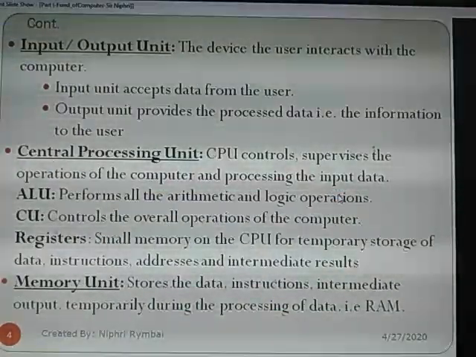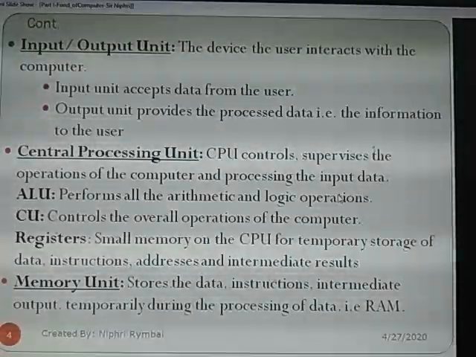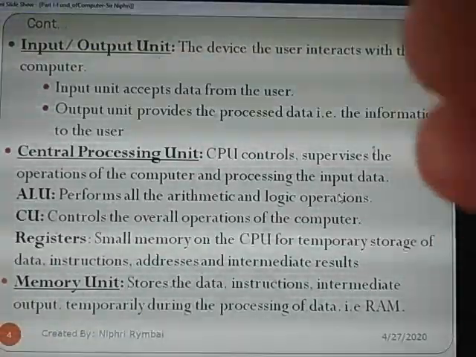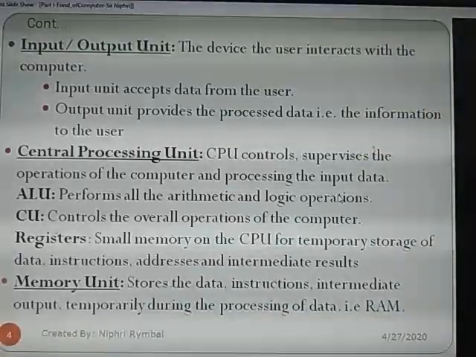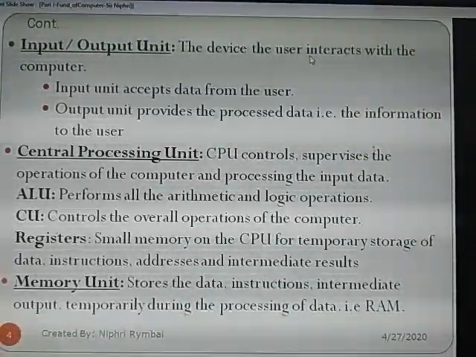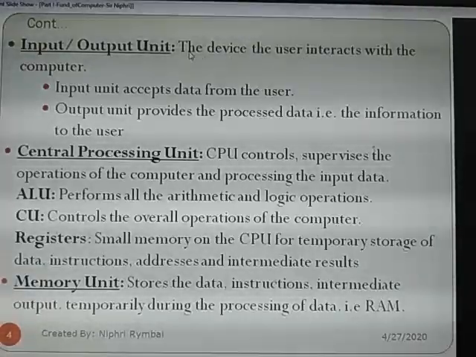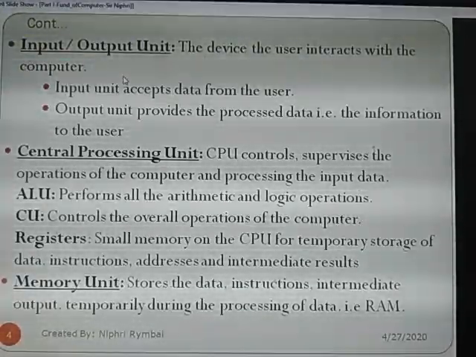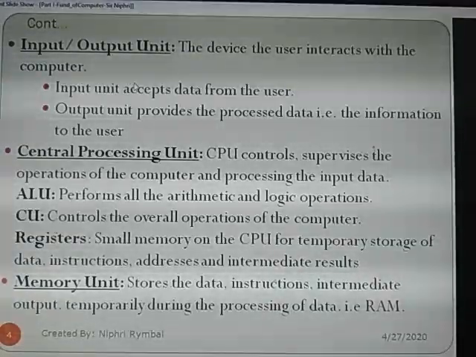Next, this is a continuation of the explanation for the previous diagram, that is the input and output unit. Remember, they are the parts of the computer which help the user to interact with the computer.